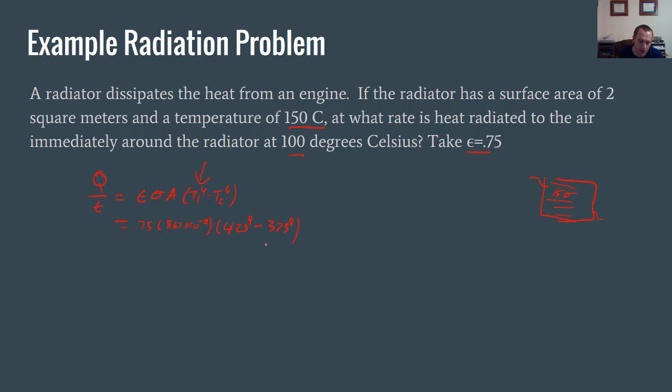So 0.75 times 5.67 E negative 8 times, parenthesis, 423 to the 4th power minus 373 to the 4th power. Close that parenthesis, and we see 538 joules per second, or that's 538 watts. So keep track of your units, make sure you're doing your temperature conversions, make sure you're using absolute temperatures. But the Stefan-Boltzmann equation is a fairly straightforward one to use to calculate radiation.